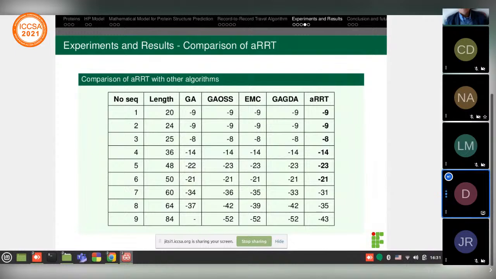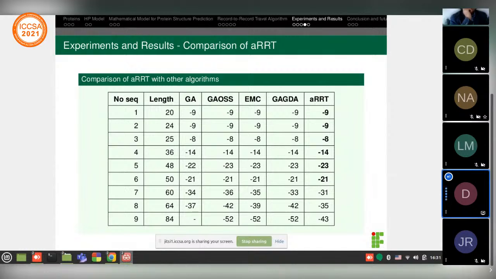Here I want to mention the comparison with the 4 other best optimal solutions obtained by other authors: the genetic algorithm based on optimal secondary structure, evolutionary Monte Carlo, and the genetic algorithm hybridized with a great deluge algorithm. And for relative sequences, if n is smaller or equal to 50, RRT produces the best results.